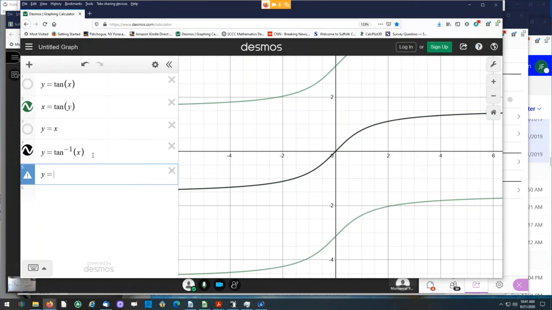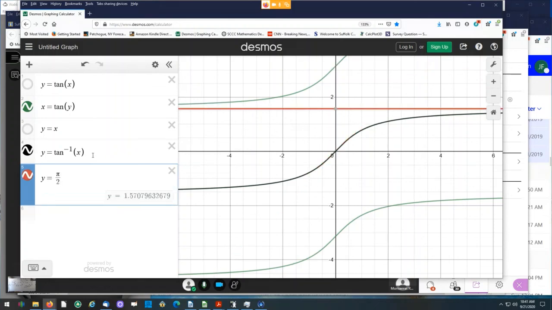We don't quite hit that. It's not equal to pi over 2. It gets closer and closer to that as the input gets closer to infinity. So technically speaking, for these over here, I have to be a little bit careful. I'll never get to that, only if I put in infinity.